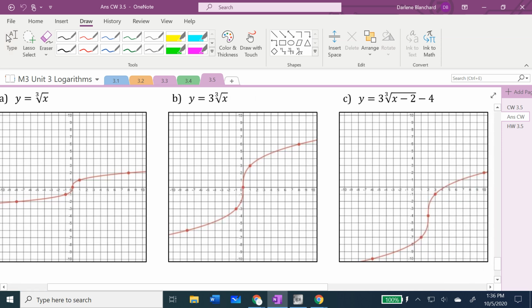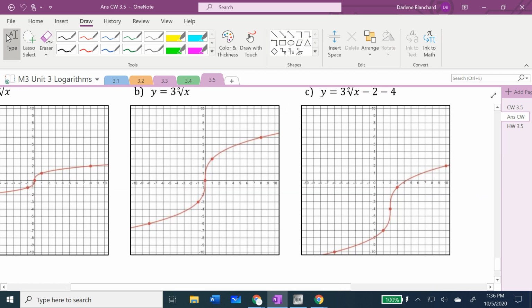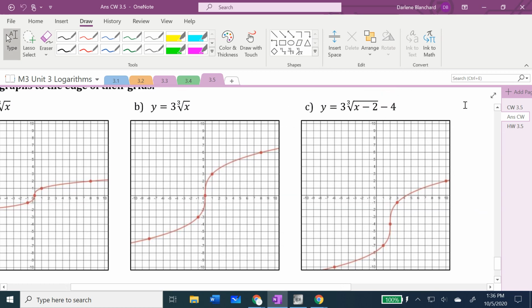And then in part C, you are moving the graph. What does this -2 inside cause? -2 inside, yes, moves it right 2. And then -4 outside moves it 4 down.